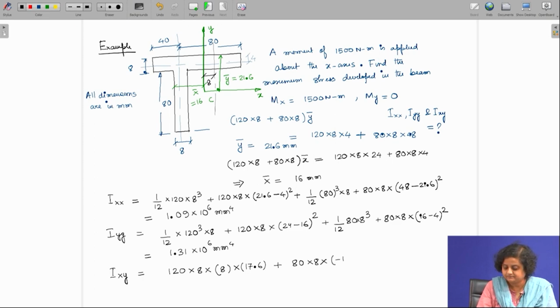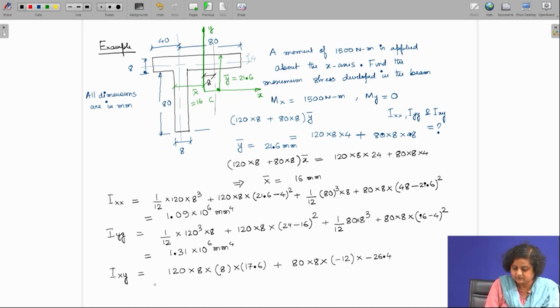Now for the vertical portion, we have 80 into 8 into, we will have it as minus 12, which is 48. So minus 12 is going to be 16 minus 4, and into, we will have minus 17.6. So if we calculate this, this is going to be minus 26.4.